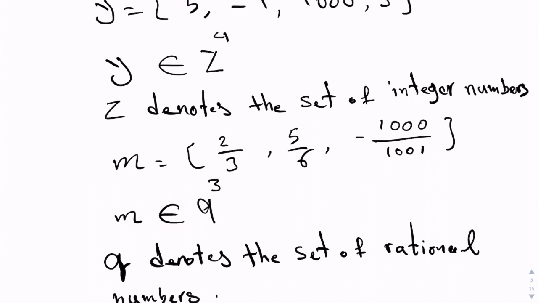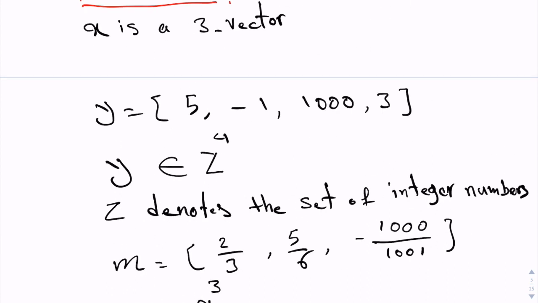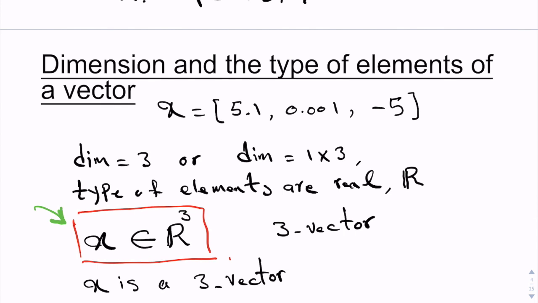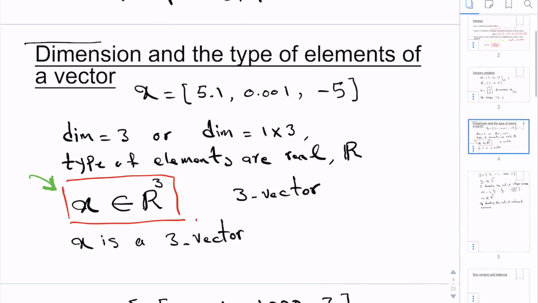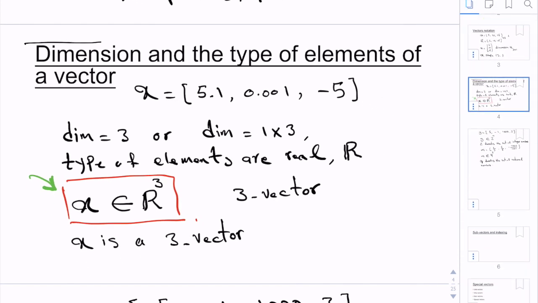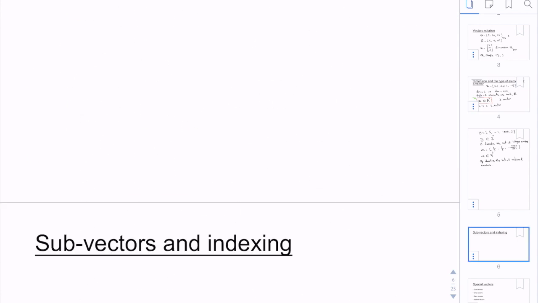Hopefully that explanation is enough to know how we can present the dimension of a vector, and also the type of elements in the vectors.